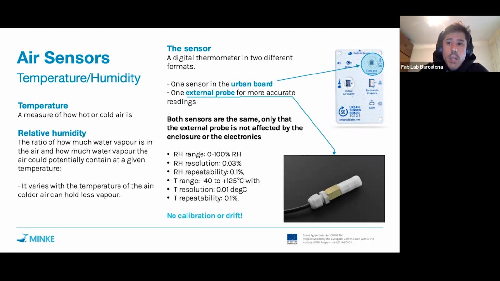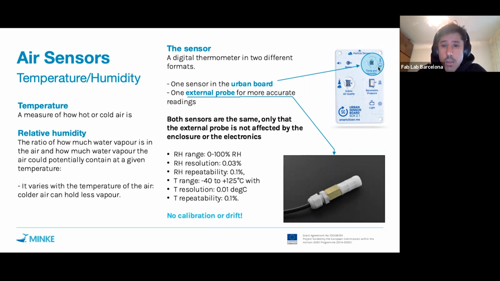We measure both of them with one single sensor that is located in the urban board, as you can see here on the top right. It's a very small sensor, a digital thermometer in what we call a MEMS package, which means that a very small, probably 2 by 2 millimeter black box is able to measure temperature and humidity.